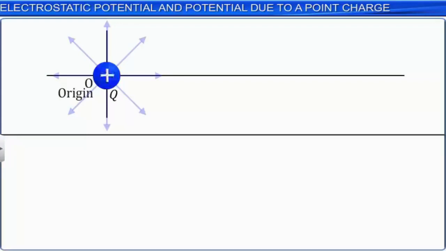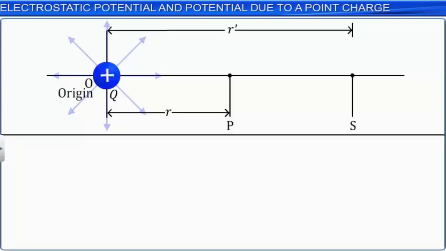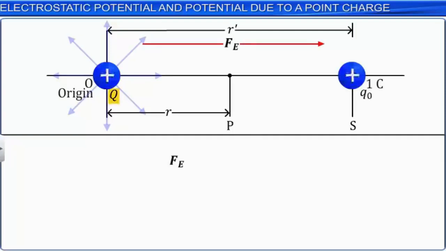Consider the point S in the electric field, which is at distance r' from the charge Q. Let a unit positive charge Q0 with the charge of +1 coulomb be placed at point S. The electrostatic force Fe between Q and a unit positive charge placed at S will be equal to 1 by 4 pi epsilon naught into Q into 1 by r' square into r' cap, where r' cap is the unit vector along the direction of OS.